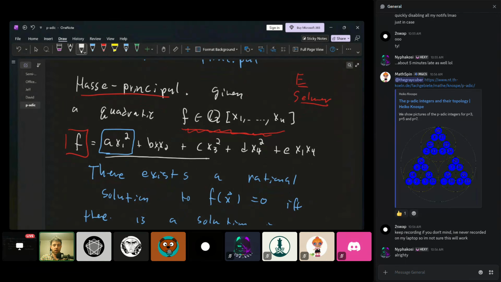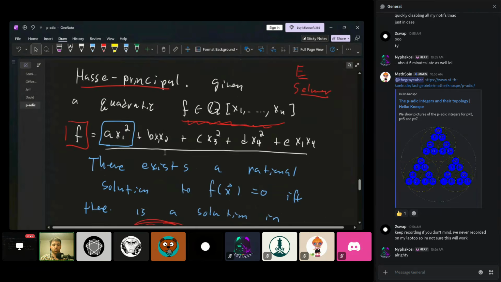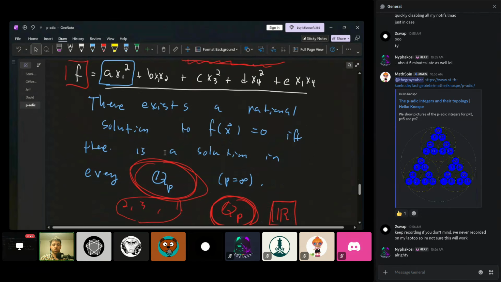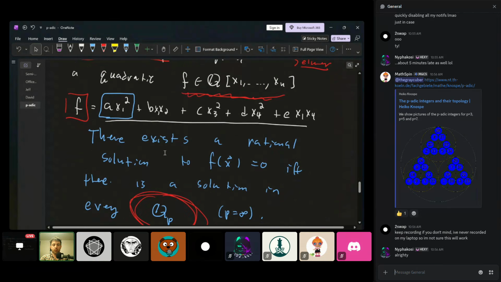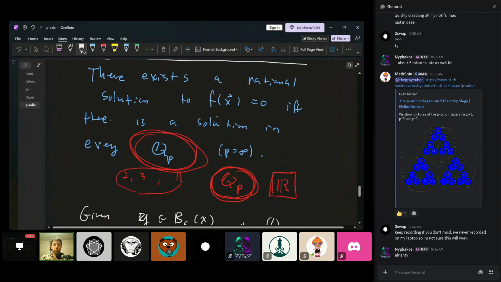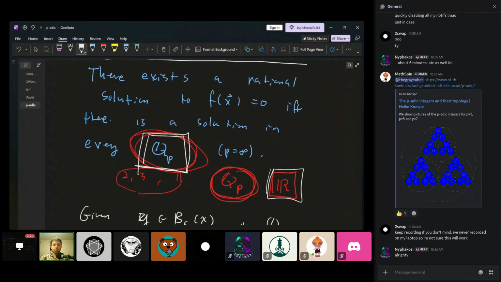If you have a quadratic form over the rational numbers, then there's a solution to that quadratic form, a tuple that makes it equal to 0, if and only if there's a solution in each of the p-adic numbers, including the reals. One direction of this is simple, because if there's a rational solution, of course there's a solution in all of these fields, because all of these fields contain the rational numbers.